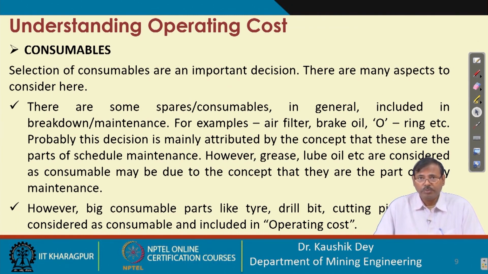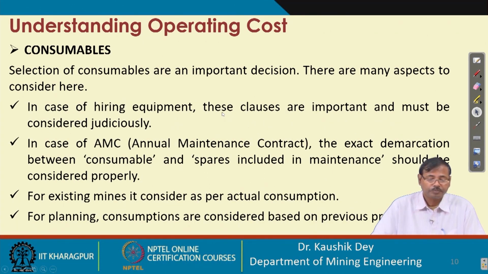And there are some big consumable parts like tire, drill bit, cutting picks, those are considered as the consumable in the operating cost. There is another aspect here, that is how we are carrying out the operation.